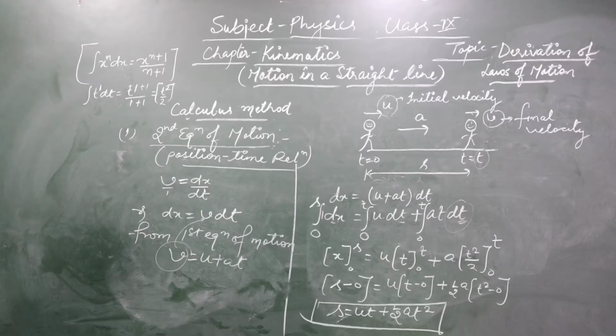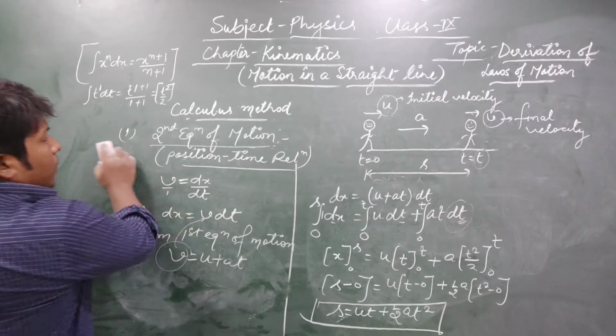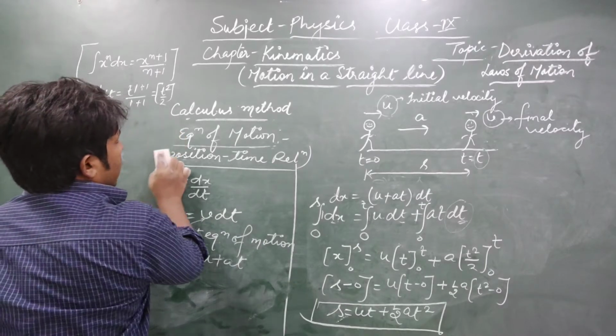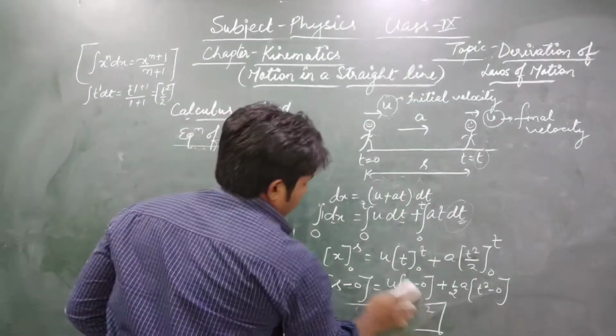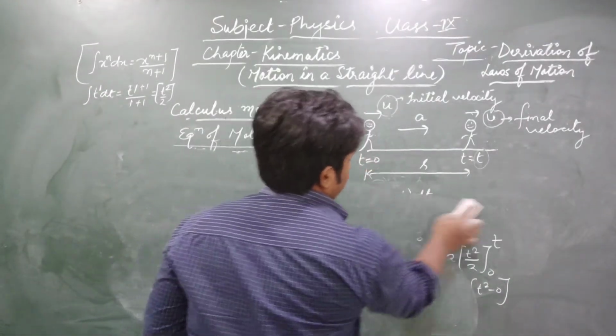Okay, you have the third equation of motion, that is the velocity position relation. Now you have the third equation of motion.